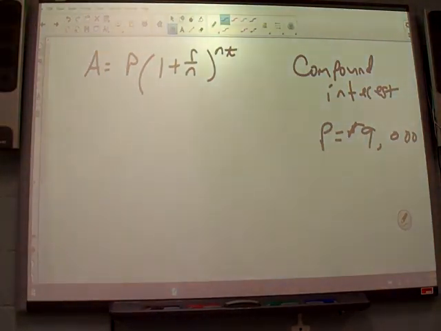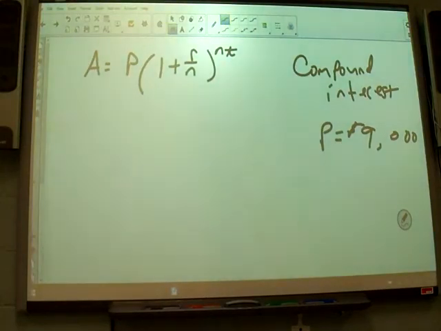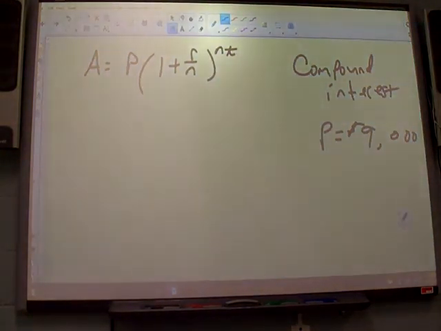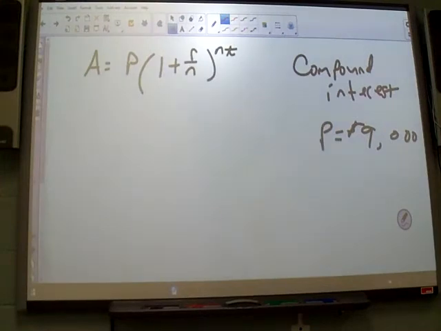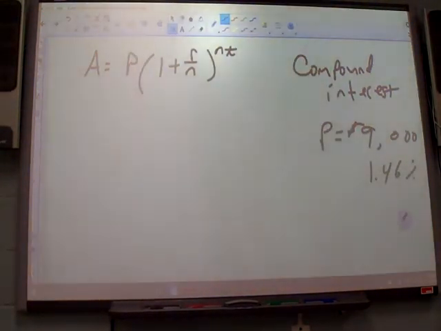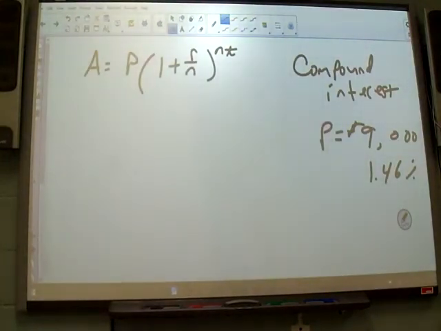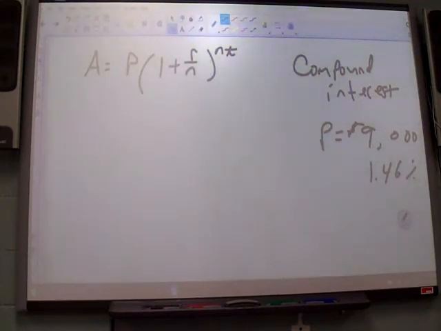Okay, so let me continue my reading now. You deposit $9,000 in an account that pays 1.46% annual interest. Okay, so look up there at what we got. What do you think the 1.46% would go in? We've already got the P taken care of.